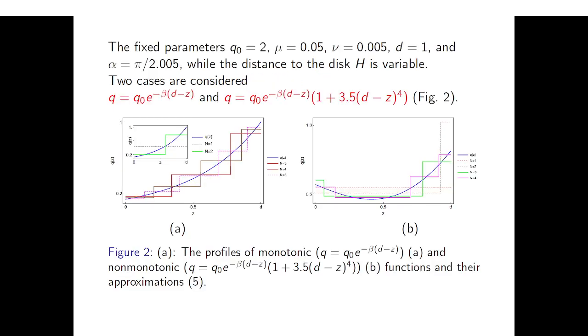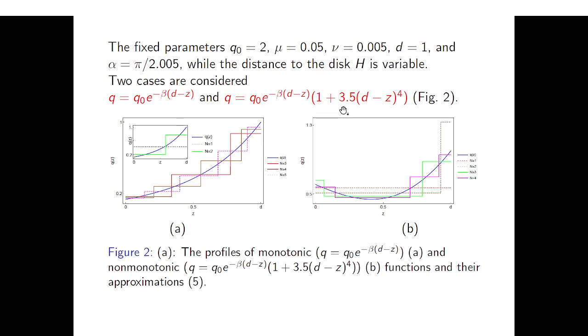To show the procedure work, we fix the following parameters as shown in the slide, while the distance to the disk h is variable. And we consider two cases of Q: monotonic, represented by an exponential function, and non-monotonic, presented by this relation.